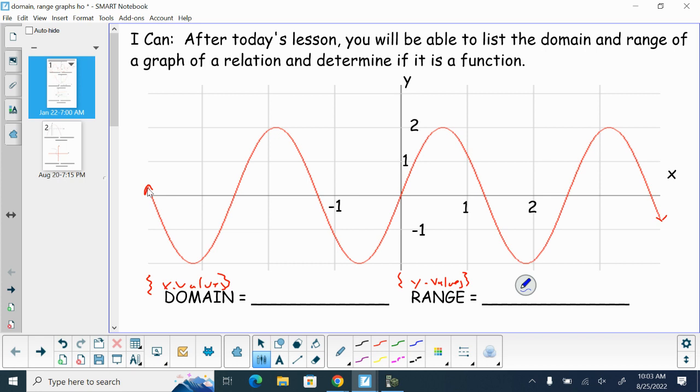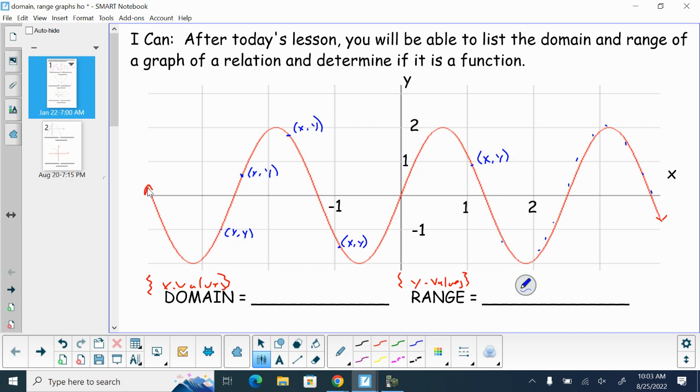So every one of these, all along here, we have an x value and a y value. We have a point here, an x value and a y value. We have this point right here, and this point over here, each an x value and a y value. All those points all along that graph have an x and y value.